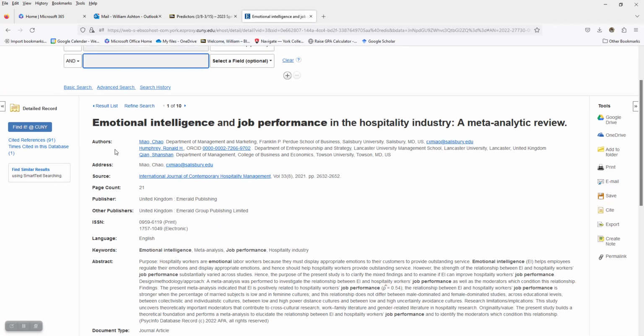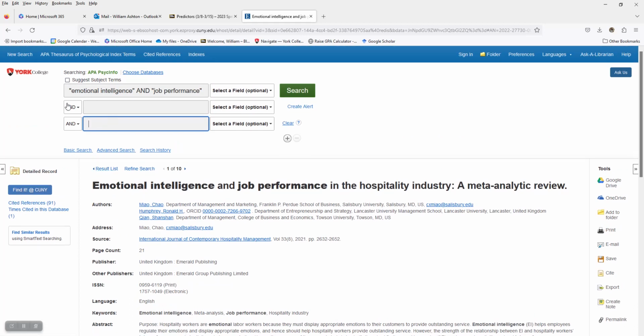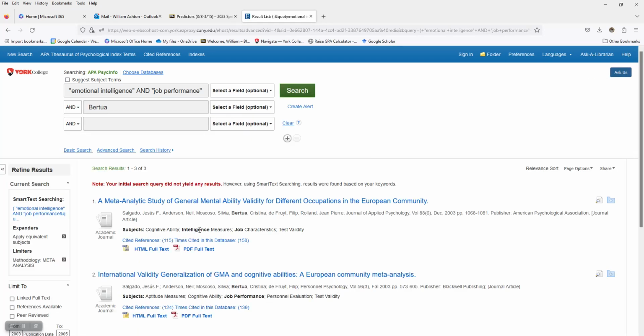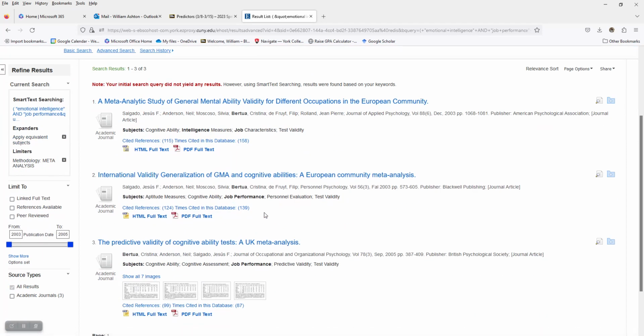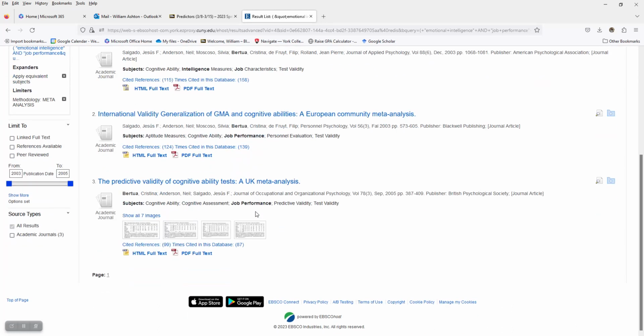So let me go search. See what happens. This is another meta-analysis they did on general mental ability. And here's the one that I gave as an example.